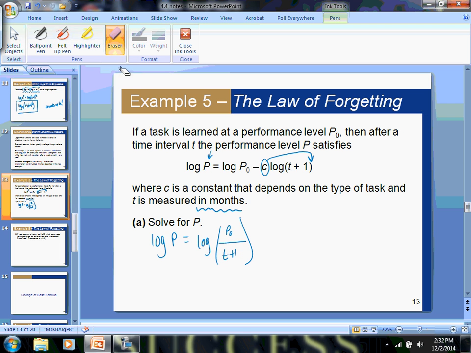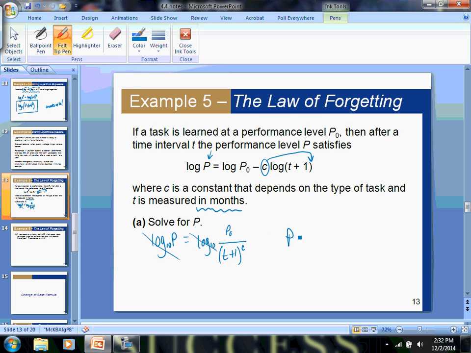So let me rewrite this just a little bit. Let's get rid of those parentheses there. And let's just do t plus 1 to the c. Let's do it like that. Now remember, these are log base 10s. If they're not written in there, that's a common log. And if you have a log set equal to a log, then you can cancel them out.